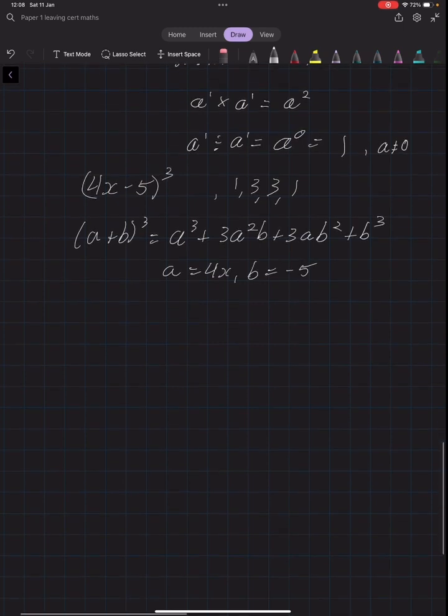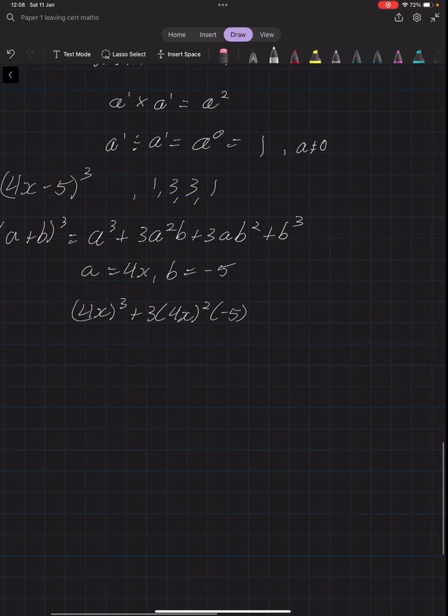All right. So if I just plug them in, I just get that it's 4x cubed plus 3 multiplied by 4x squared multiplied by minus 5 plus 3 multiplied by 4x multiplied by minus 5 squared plus minus 5 cubed.